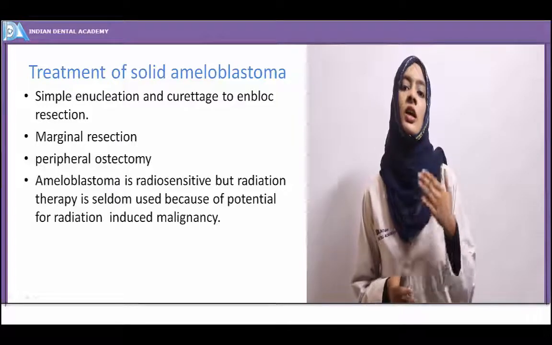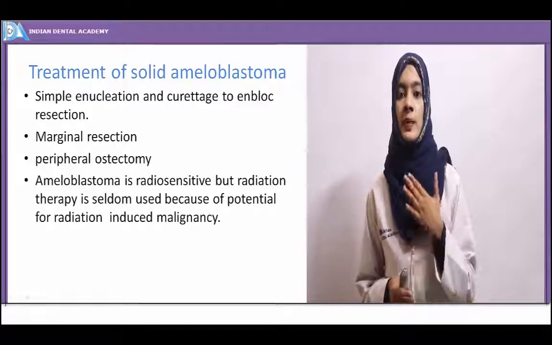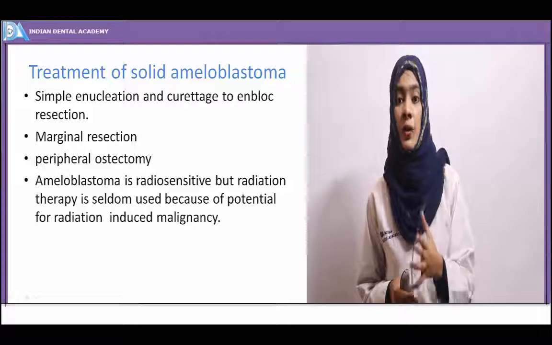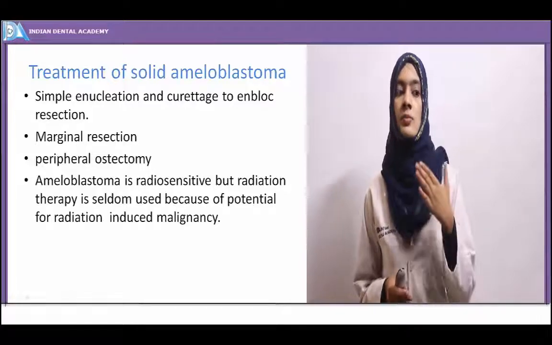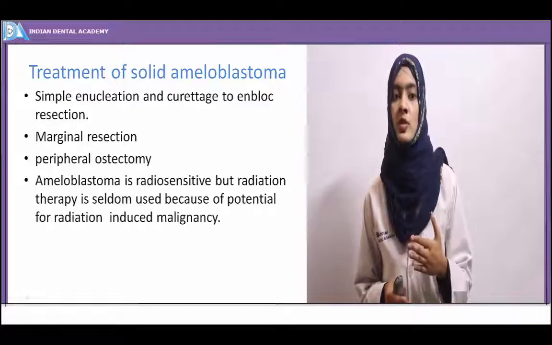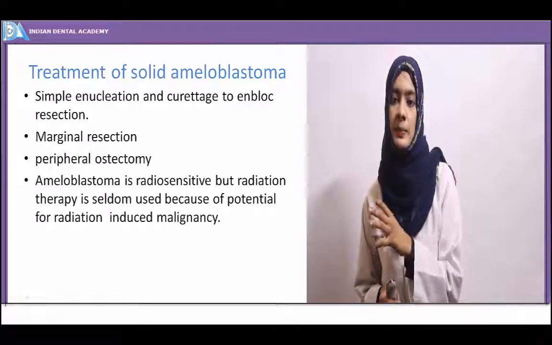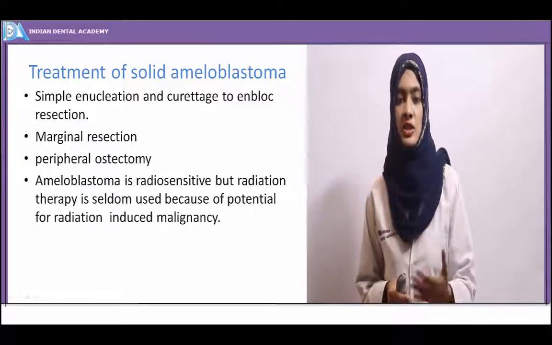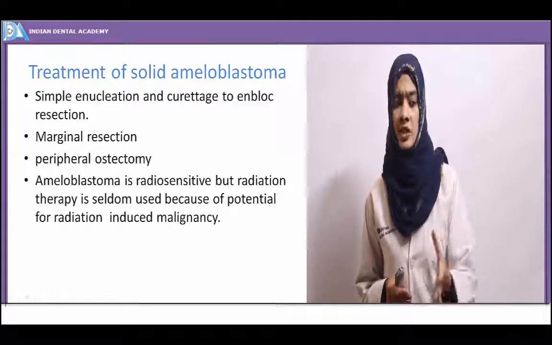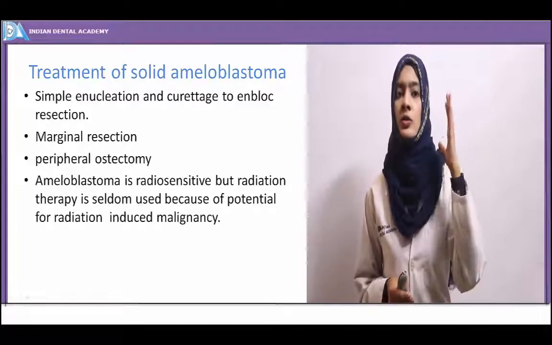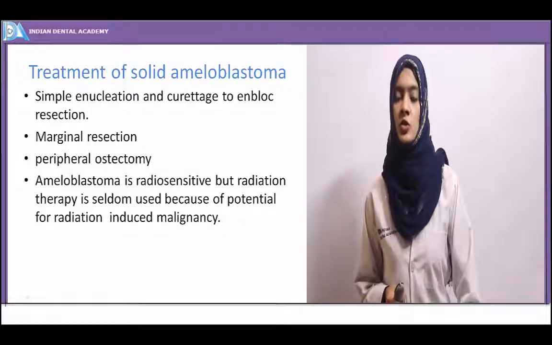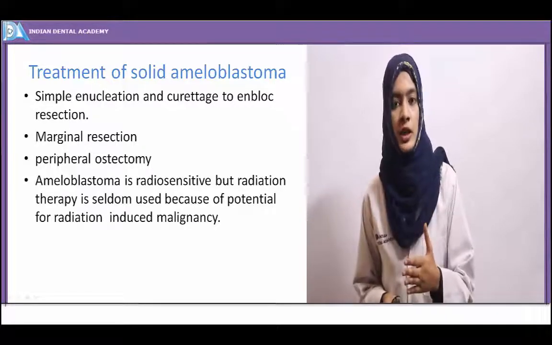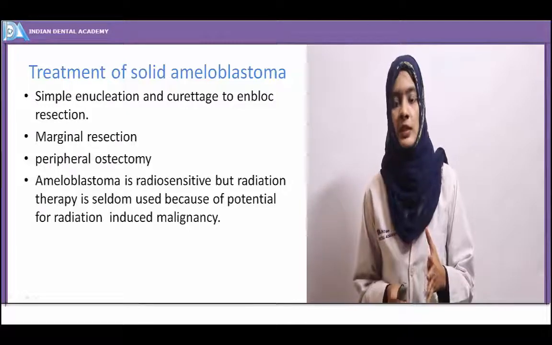After surgery, you can keep the patient under follow-up, because most recurrences of ameloblastoma are seen within a 5-year period after surgery. So the patient has to be kept under follow-up for about 5 years. If there is any recurrence of the tumor, then you can use radiotherapy and chemotherapy simultaneously.